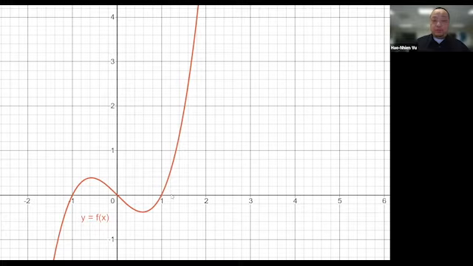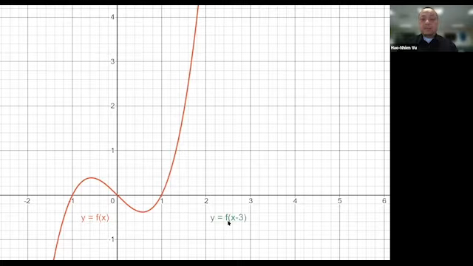For graph transformations, they work like this. Let's say that you're given this graph of y equals f of x. If you want to translate it, meaning you want to shift it, make it just slide over to the right or left horizontally along the x-axis. Let's say I want to slide it to the right by 3. Then I replace the x in here with x minus 3.